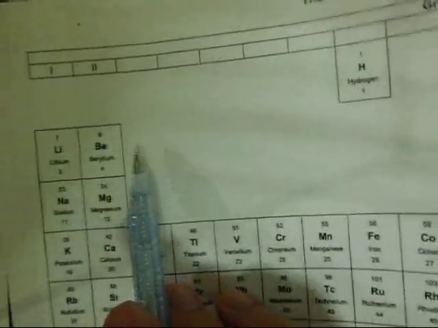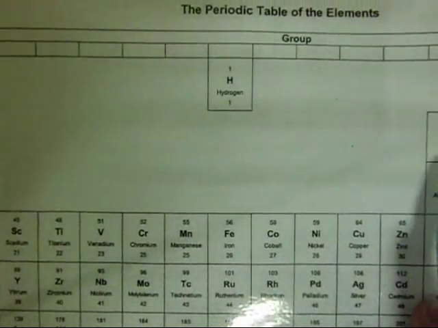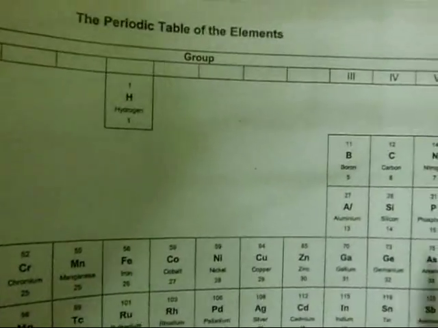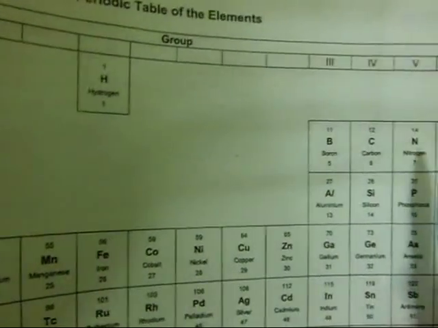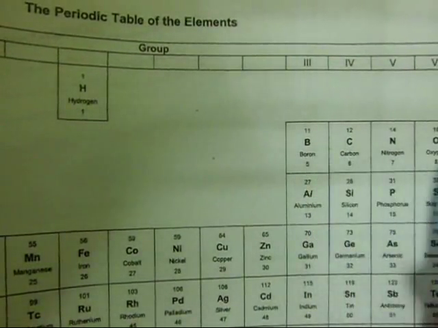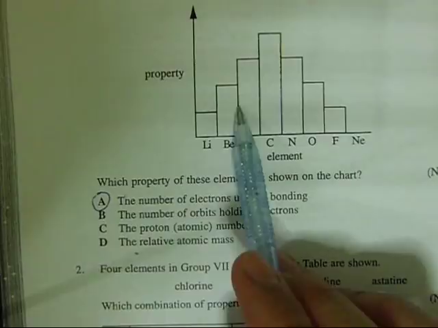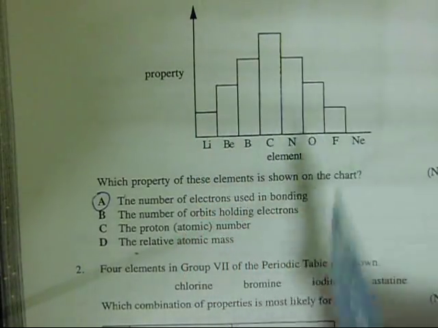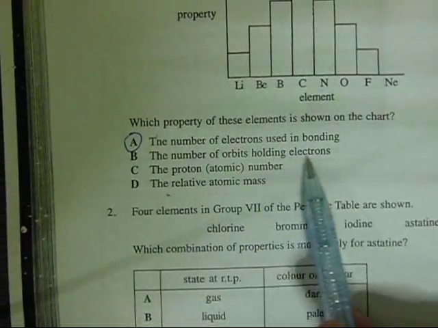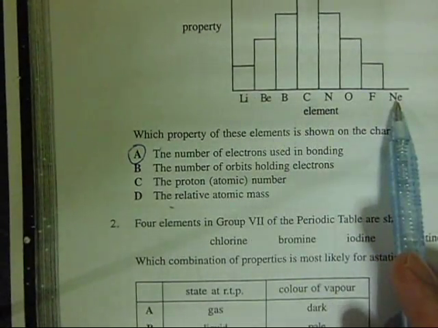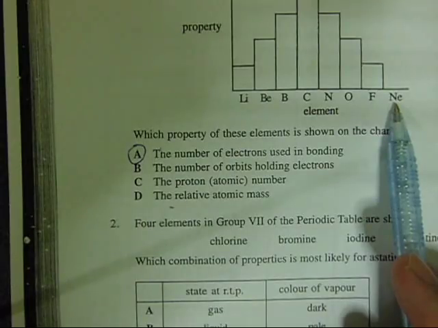All these elements, beryllium, boron as well as carbon, are all in period 2. So period 2 means 2 electron shells holding the electrons. So the answer cannot be this, because otherwise all the bars would be of the same height, because the number of orbits holding electrons for all these elements is the same, which is 2.